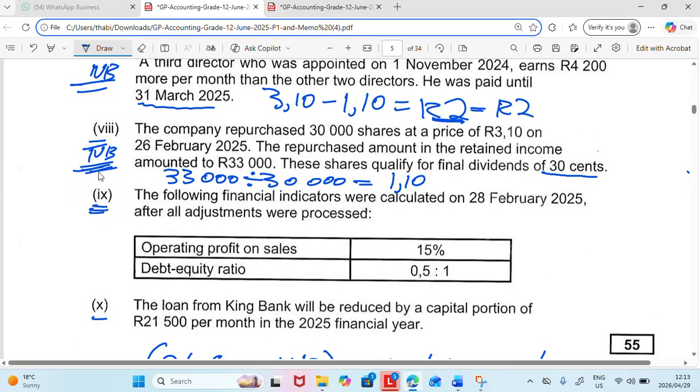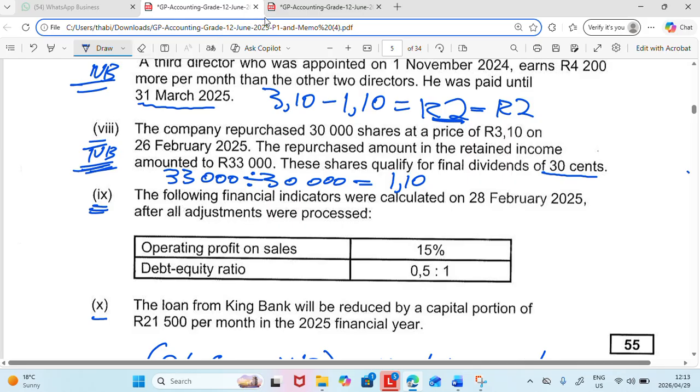Okay, so the company repurchased 30,000 shares at a price of 3 rands 10 cents. That is the amount that we spent, 3 rand 10 cents per share. How many shares? 30,000 shares.